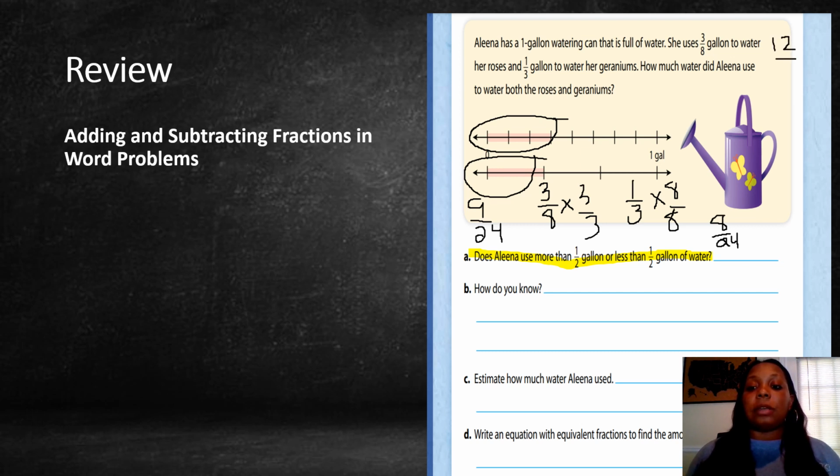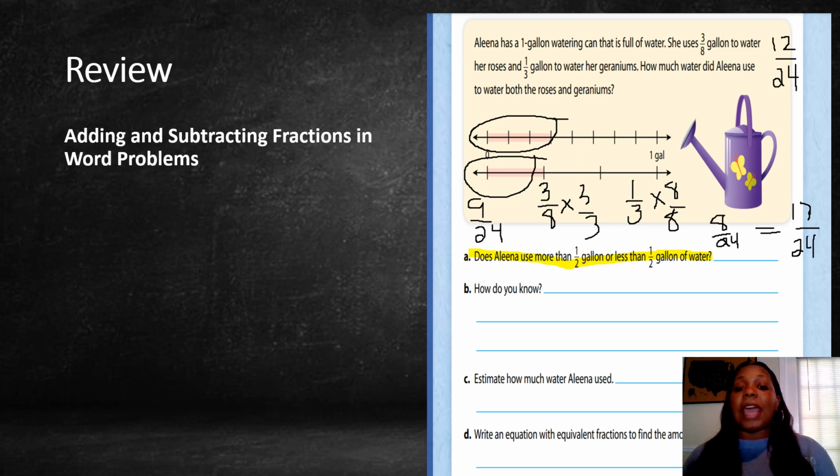So I'm going to compare, when I add my two new fractions, I'm going to compare it to 12 over 24. Well, if I add 9 and 8, that gives me 17 24ths. And I can see when I compare that 17 24ths is definitely more than 12 24ths. So yes, she uses more than 1/2 gallon of water.